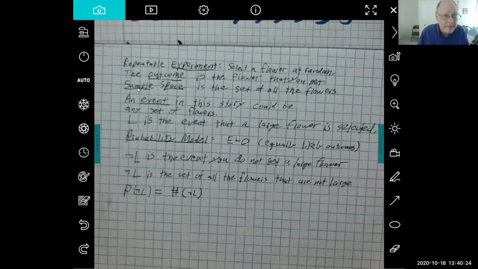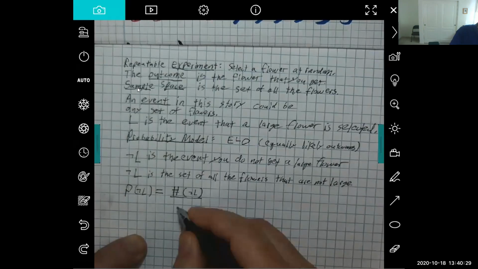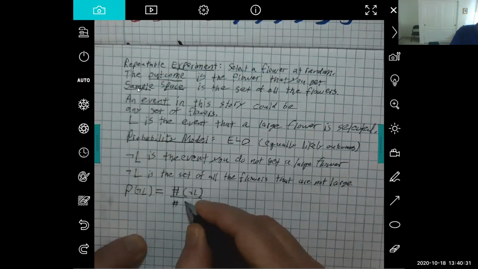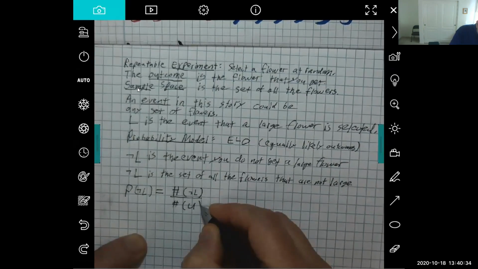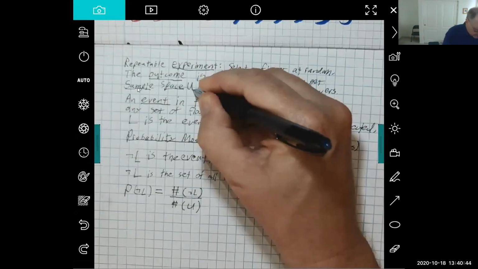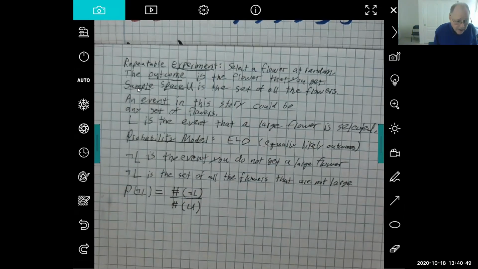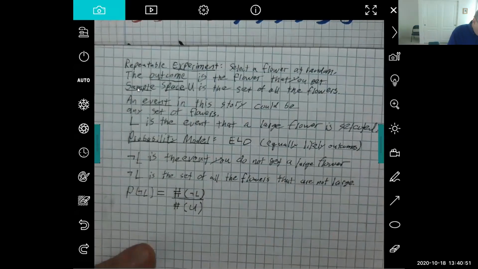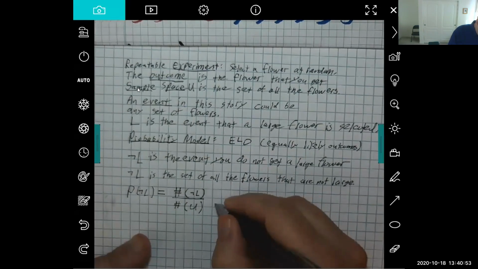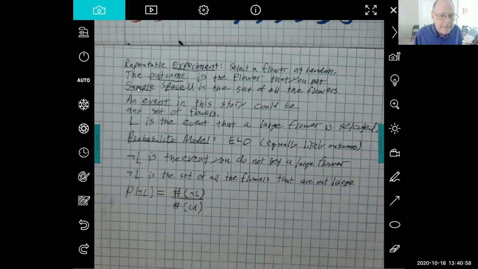We count how many outcomes there are in not L, and divide by how many outcomes there are in the sample space. So I'm going to use the letter U for the sample space. So, you can just count to get the probability.